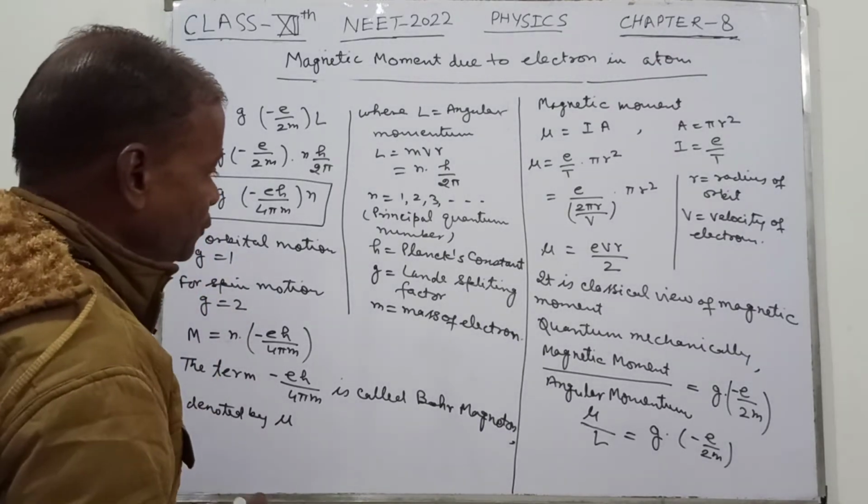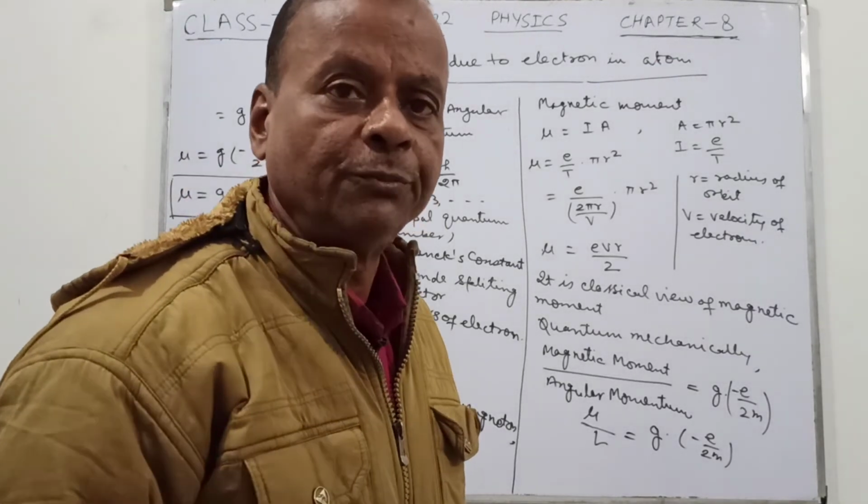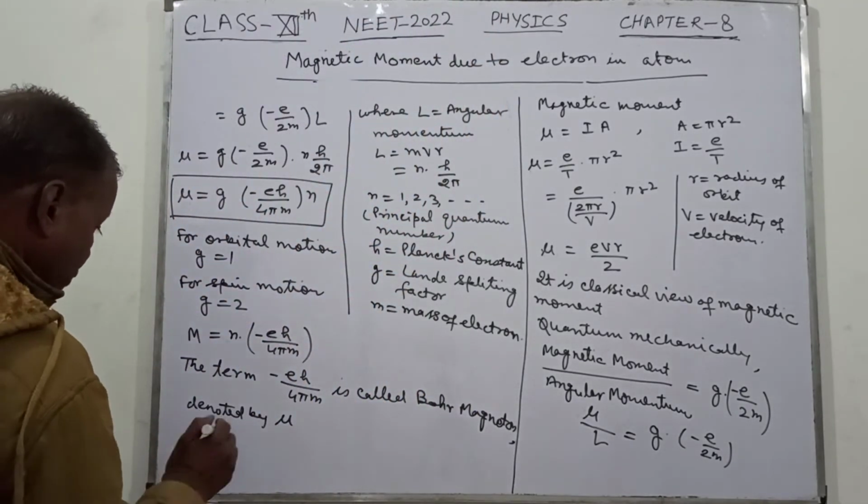Generally we use the term for the magnetic moment, that is mu, denoted by mu B.